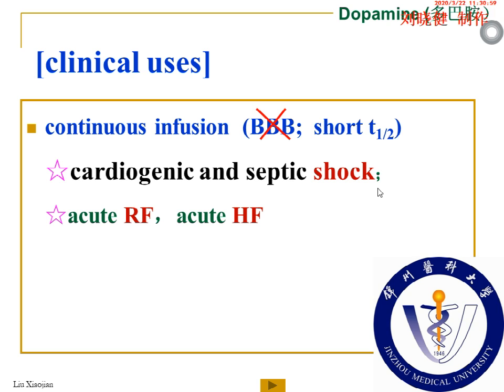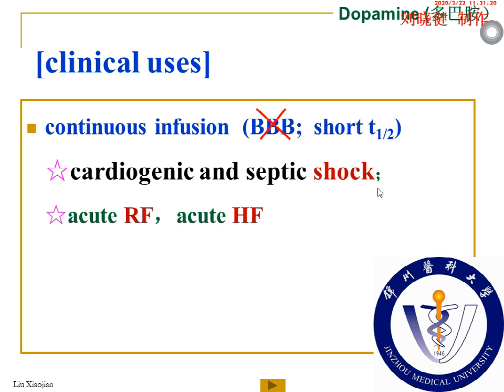For patients with shock, sometimes they also have a problem of oliguria, even acidosis. So, when dopamine is used at relatively low dose, it mainly dilates blood vessels in the kidney.